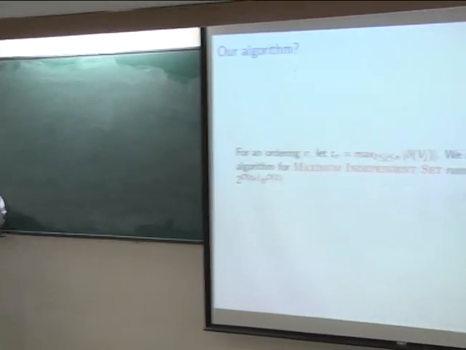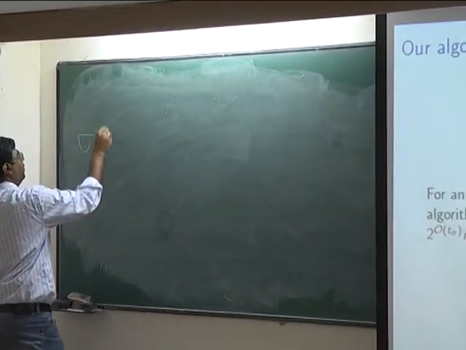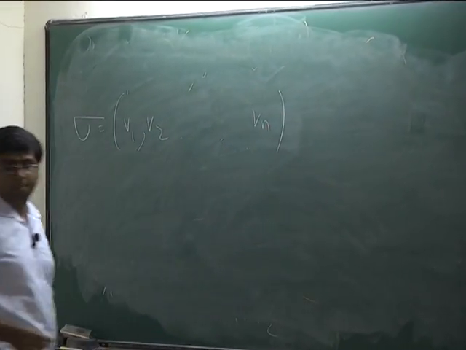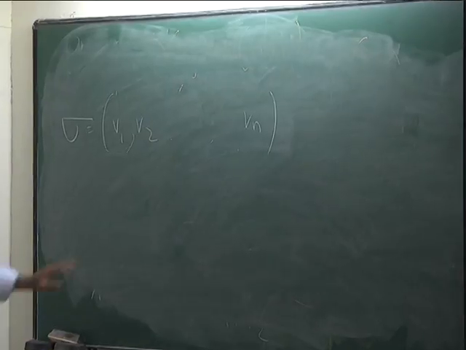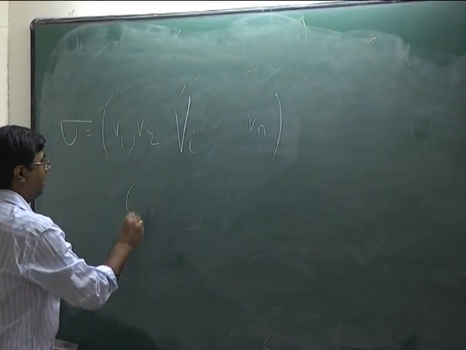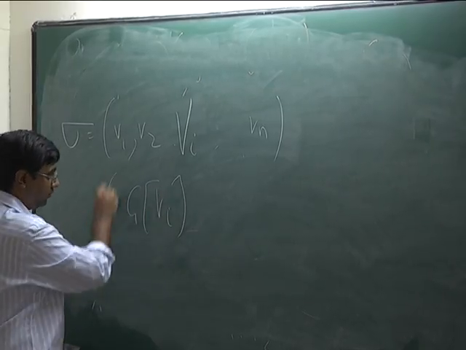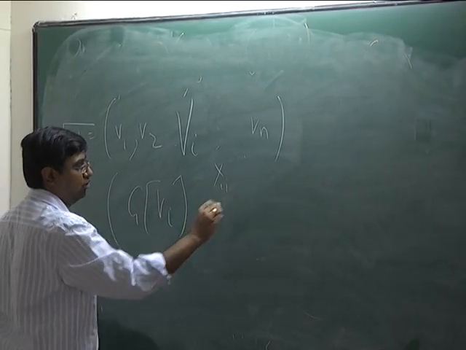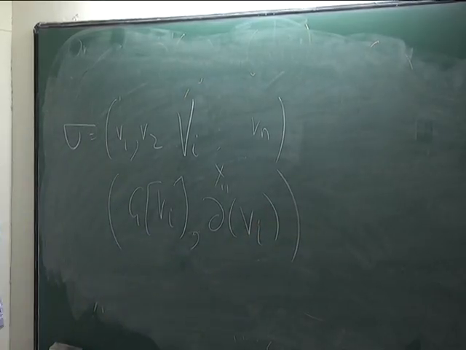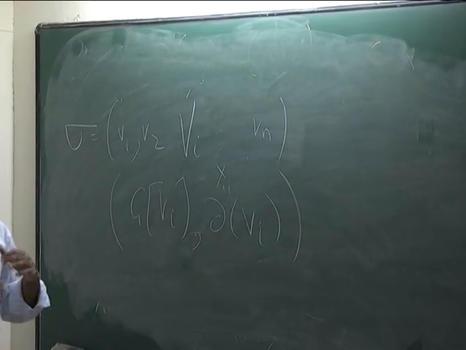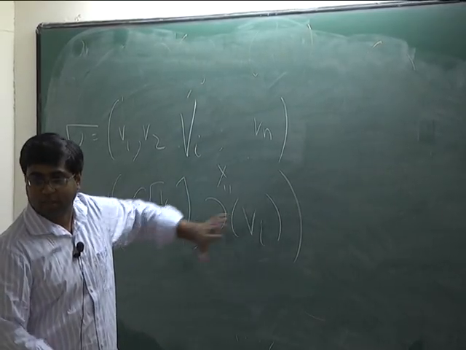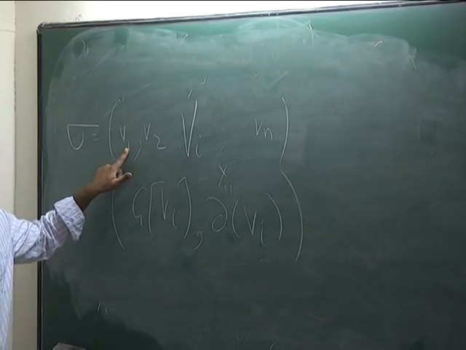Okay. Here's my sigma: V1, V2, Vn. Now let's look at some Vi. Look at the graph induced on Vi, and our x, as I told you, is going to be this. Suppose I have a table for every subset here. Suppose for a singleton I can compute, right?